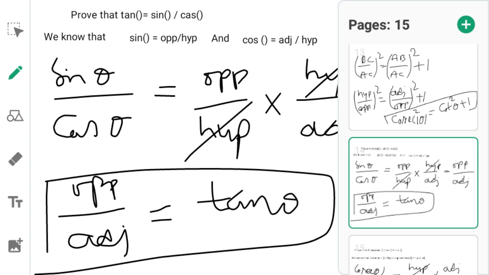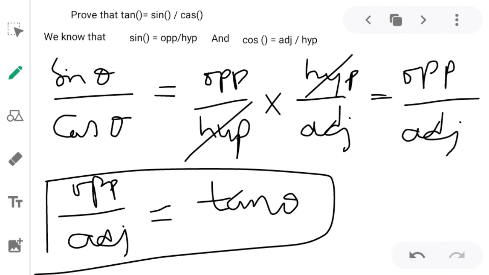And I am going to prove a very simple ratio relation. The sin theta is the first ratio, cos theta the second ratio. When you divide sin theta by cos theta, that is first by second, we will get the third ratio, that is tan theta. Very simple. You can observe here, sin theta divided by cos theta equals sin theta, which means opposite by hypotenuse, into cos theta, which means adjacent by hypotenuse.